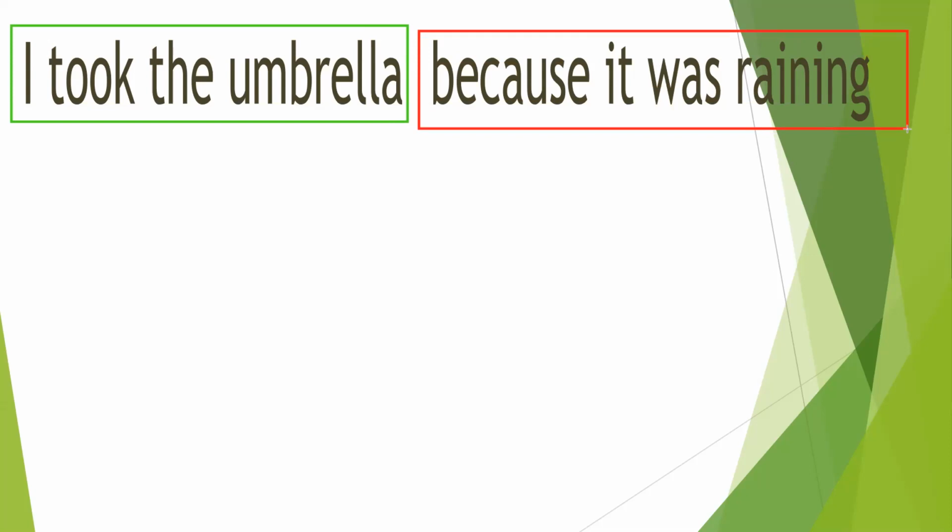Yes, definitely I can. But if I want to add extra information, I would say why I took it. But I can just simply say I took it and not give a reason. But here, when I said because it was raining, I'm adding extra information, and I'm giving it in the form of a dependent clause. Excuse my handwriting. All right.